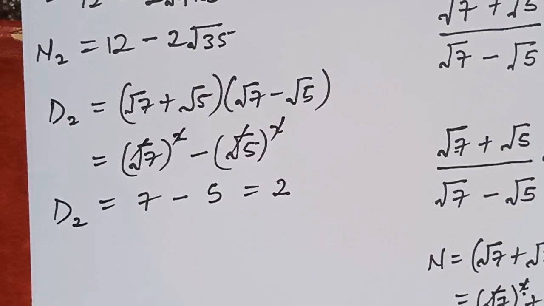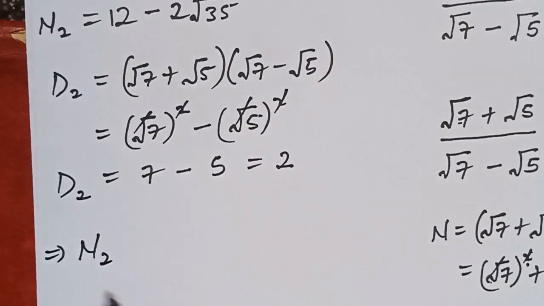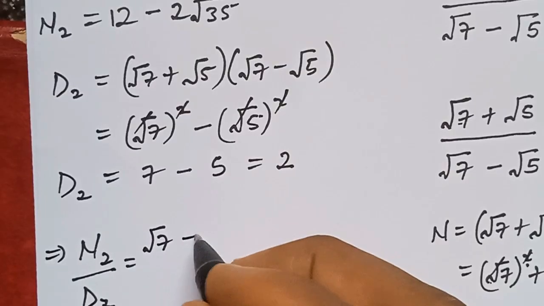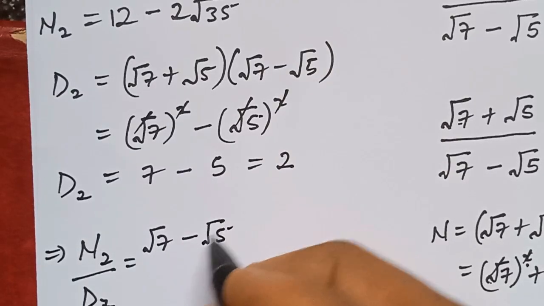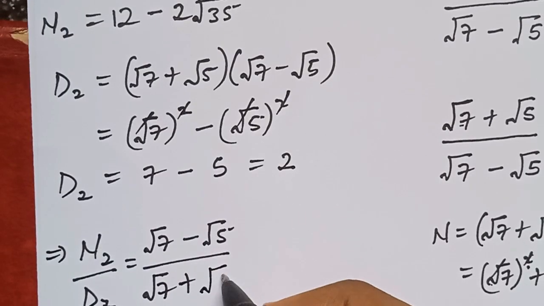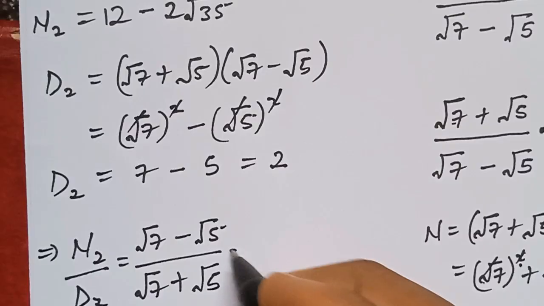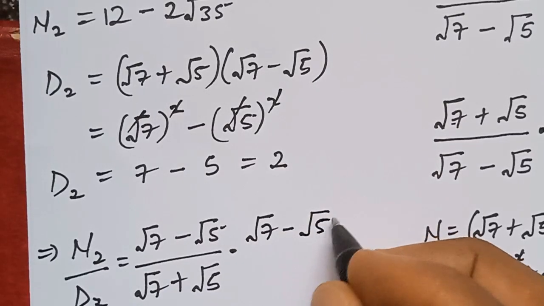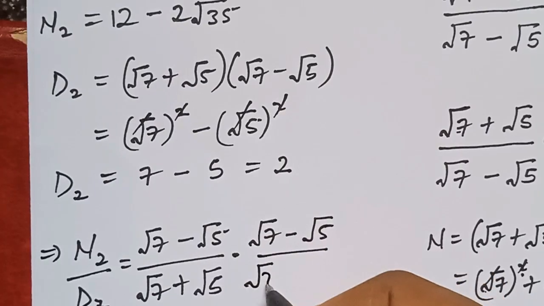So from there, we can now say this implies that from our numerator 2 over denominator 2, which is square root of 7 minus square root of 5 over square root of 7 plus square root of 5, multiplied by square root of 7 minus square root of 5 over square root of 7 minus square root of 5.